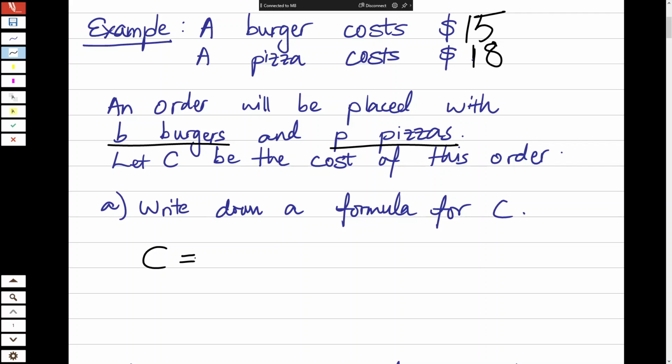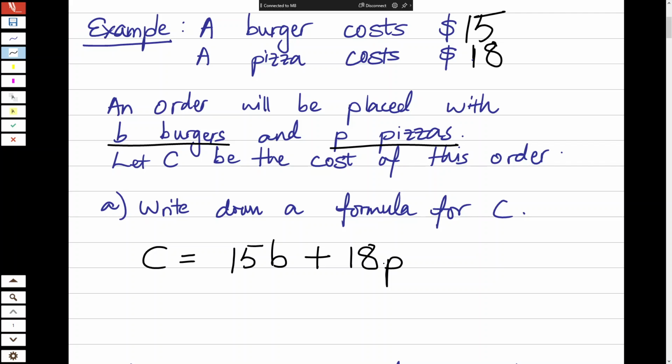What's the total cost going to be? C equals 15B plus 18P. So I heard a couple of people say something like this. What do you think? Correct.